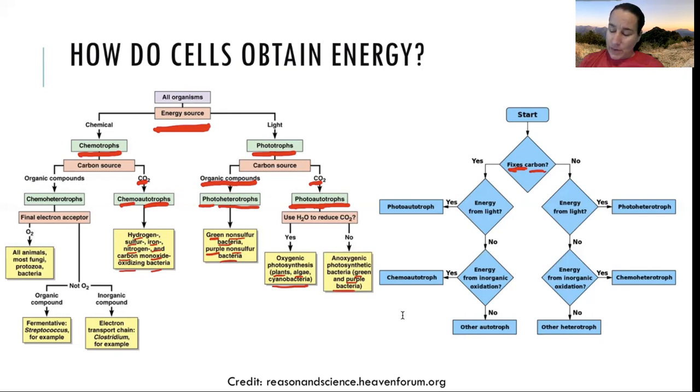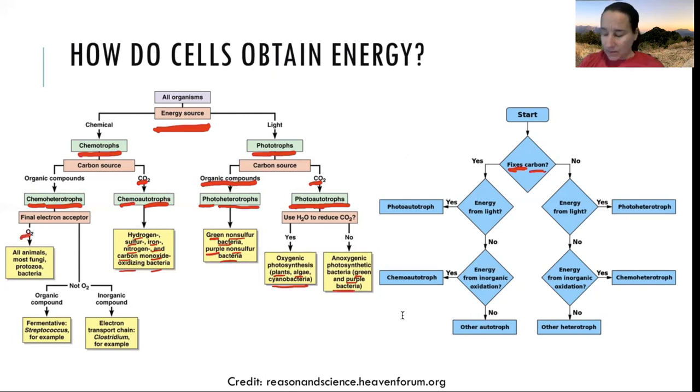We are chemoheterotrophs because we listed off the four macromolecules that we needed to know, right? In our chapter 2, we needed to know carbs, proteins, lipids, and nucleic acids. Those are organic compounds. They have carbon as their backbone. We are chemoheterotrophs.